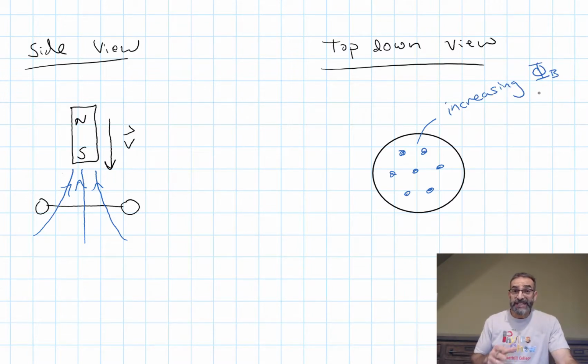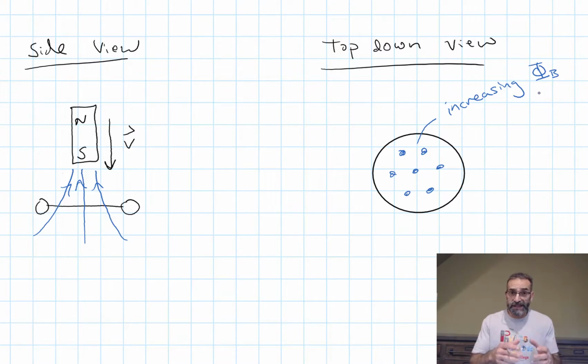We know that in a changing magnetic flux, it doesn't matter whether it's increasing or decreasing, a changing magnetic flux means we induce an EMF in this loop, and that's going to cause current to flow. The current wants to create its own magnetic flux that changes this back to its starting point.